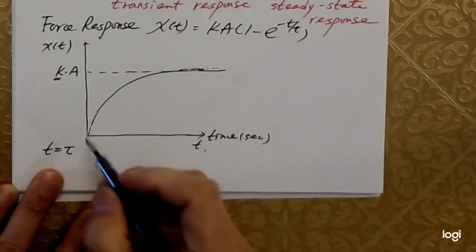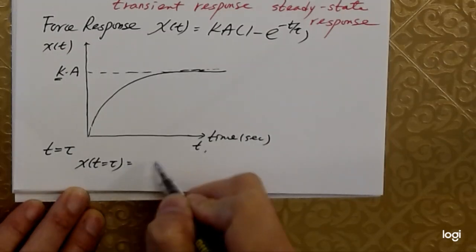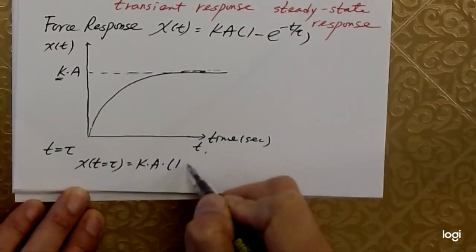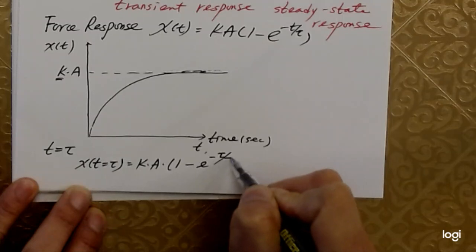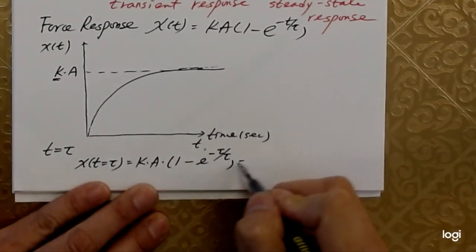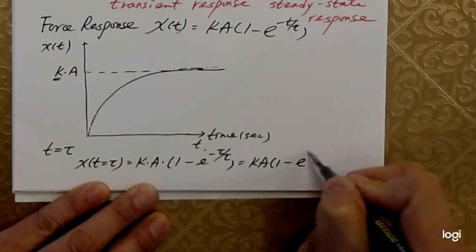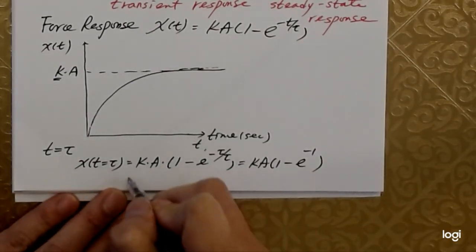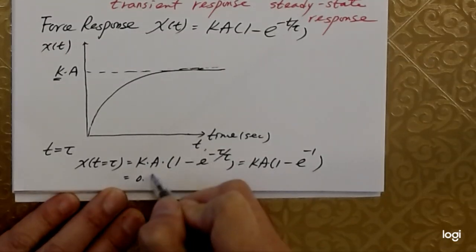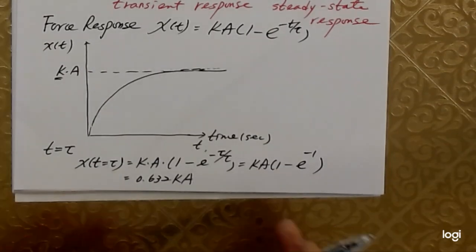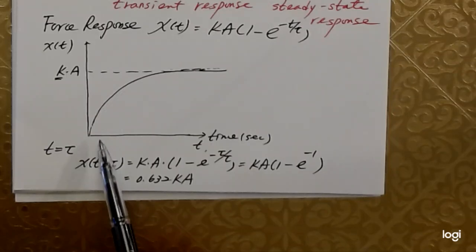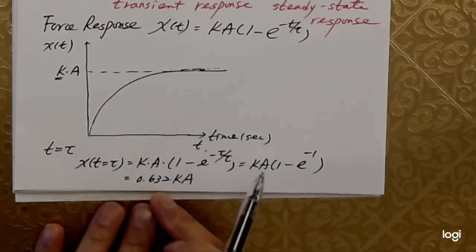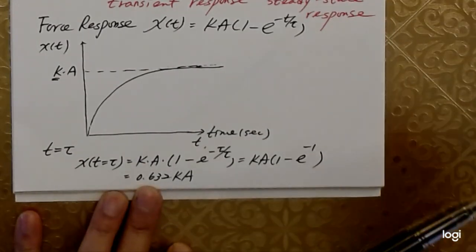S of tau equals K times A times 1 minus e raised to tau over tau, which is K A times 1 minus e to the minus 1, which approximately gives you 0.632 K times A. In other words, the time constant is the time required for the output to reach 63.2% of the final value.